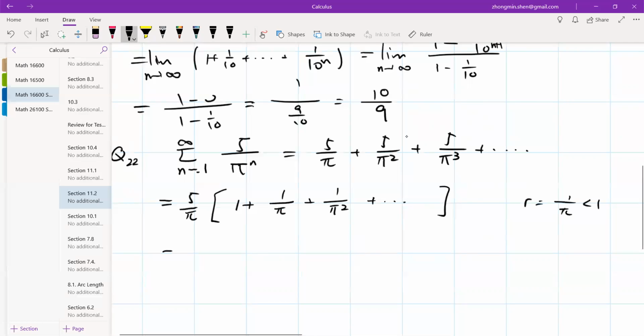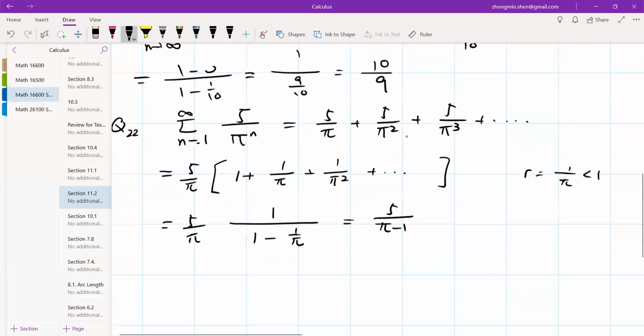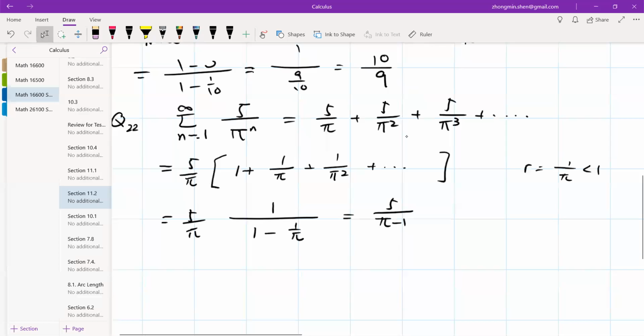According to the above formula, it's going to be 1 over 1 minus r. So it is going to be 5 over pi times 1 over 1 minus 1 over pi, which is 5 over pi minus 1 when we multiply. So this is the sum. It's convergent, and it is going to be 5 over pi minus 1.